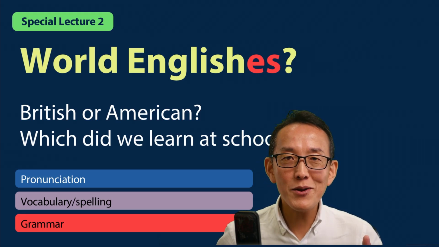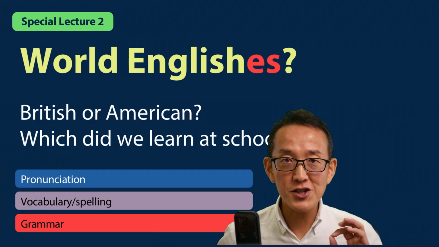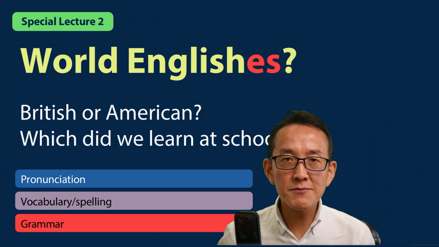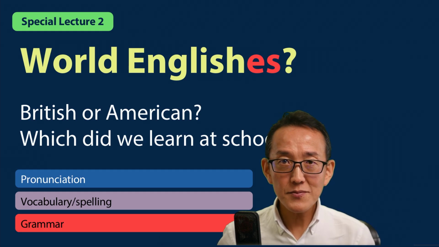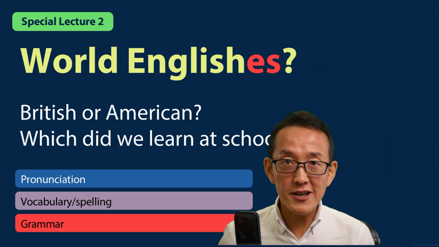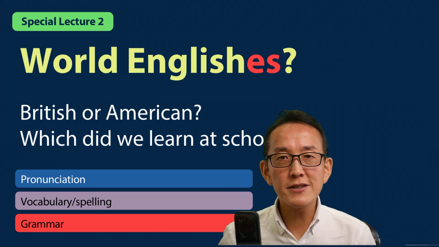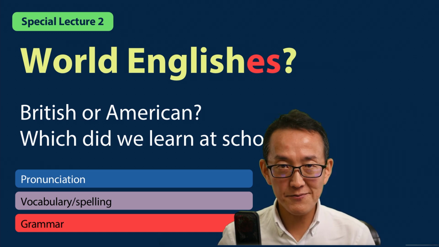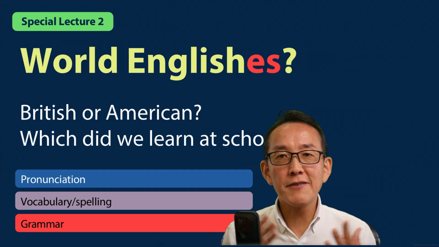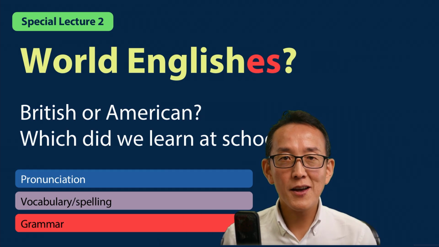Simply because they have had a huge influence on English education, dictionaries, films, and the media and so on. As a result, most learners around the world, including Japanese learners, are exposed mainly to these two varieties. So by comparing them, we can gain a deeper understanding of English as a global language.